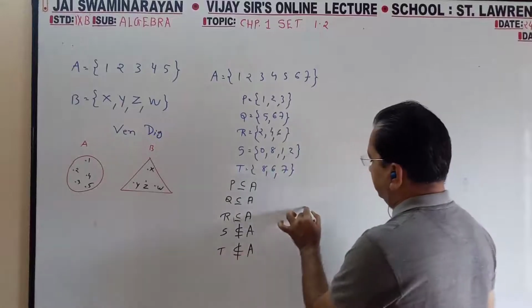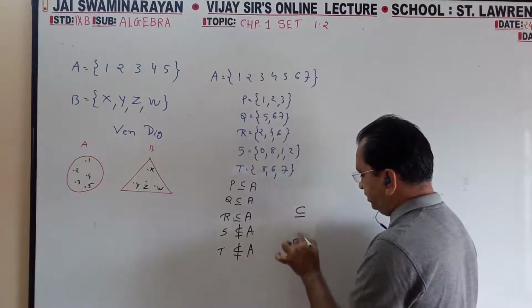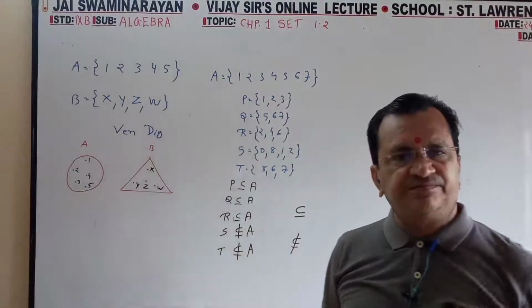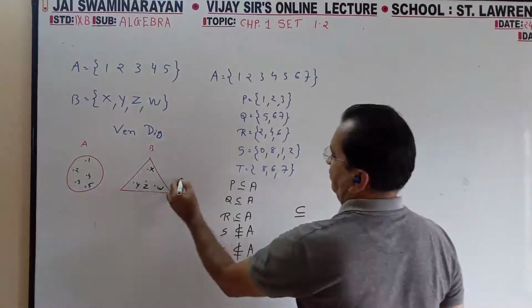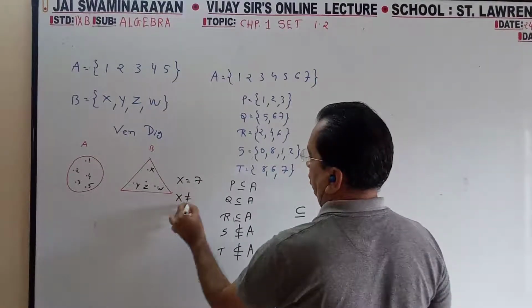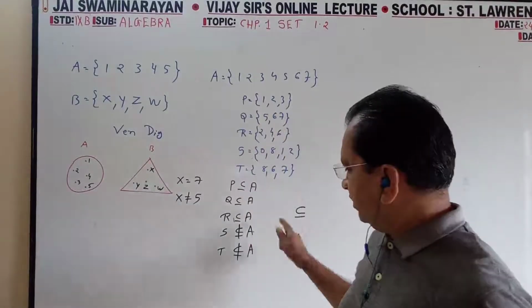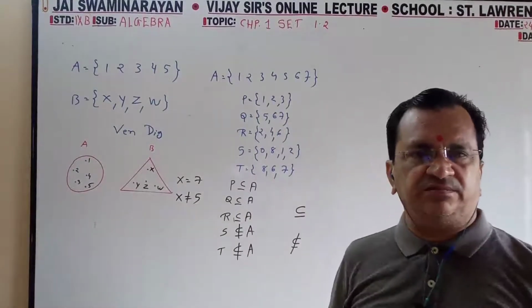If it is a subset, we write the symbol. If it is not a subset, we cancel the symbol with a line, not a subset. Just like when we write x is equal to 7, but x is not equal to 5: equal, cancel, not equal. Subset, cancel, not subset.